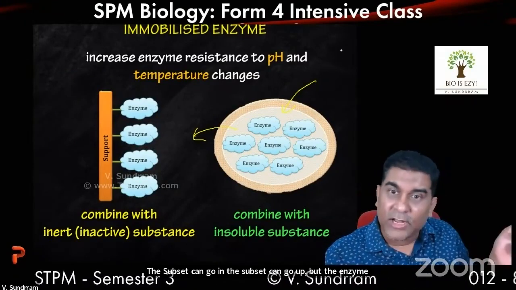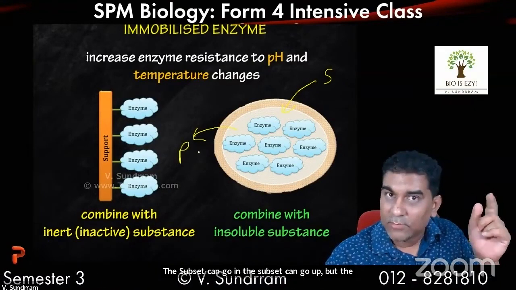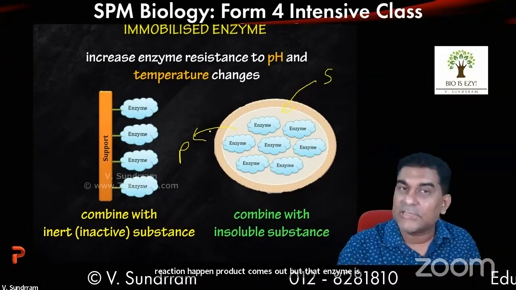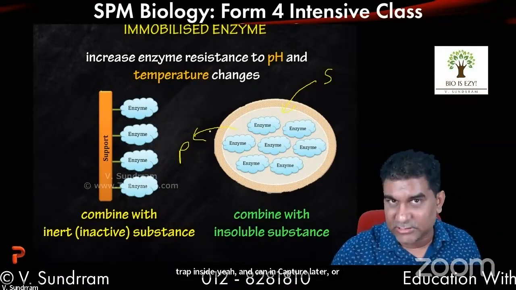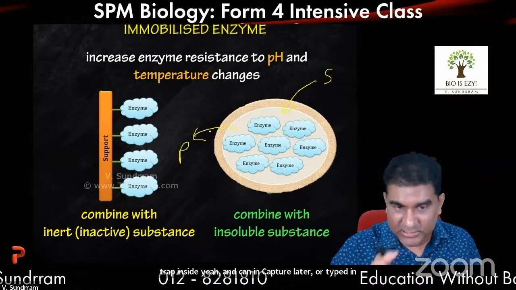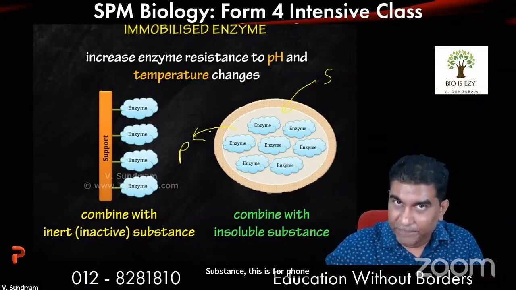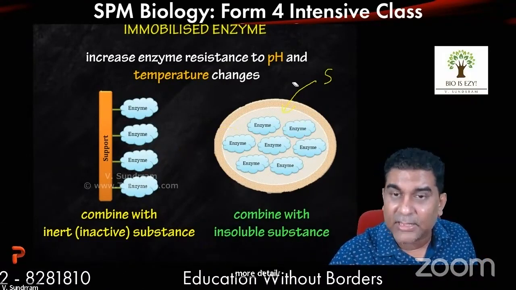Substrate goes in, reaction happens, product comes out, but the enzyme is trapped inside. They are encapsulated or trapped in a porous, insoluble substance. This is for Form 4. Later we'll make it more detailed. The thing is, the enzyme is trapped, the enzyme cannot move.